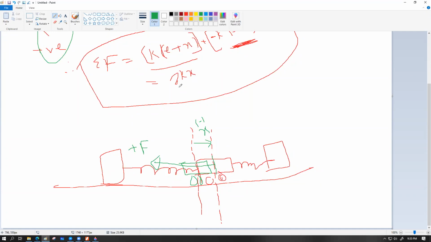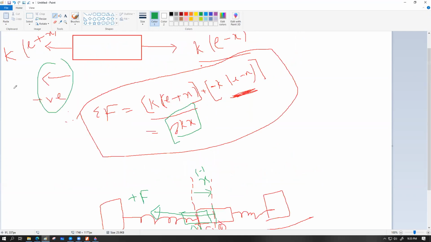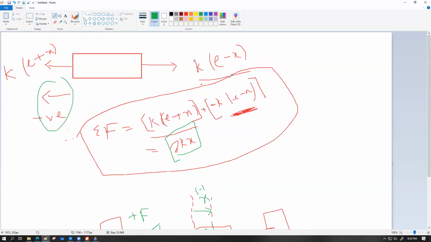So this 2kx that we are getting is a force that is working to the left, right? But this force was available at a displacement of minus x.